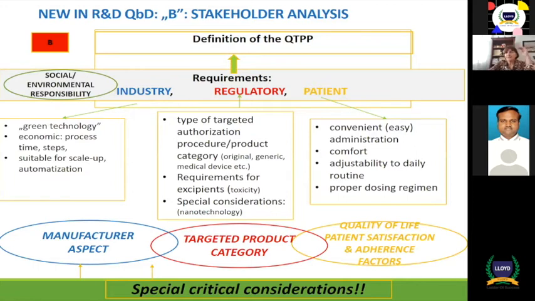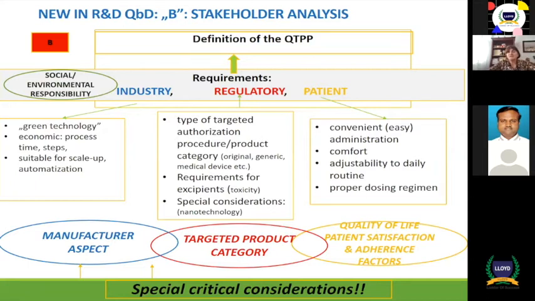The second step in the new R&D QbD, which differs from the original one in the ICH guidelines, is that when we define the quality target product profile, it's very important to make a stakeholder analysis. Here are the industry as stakeholder, the regulatory, and the patient. And I added one more, the social environmental responsibility.